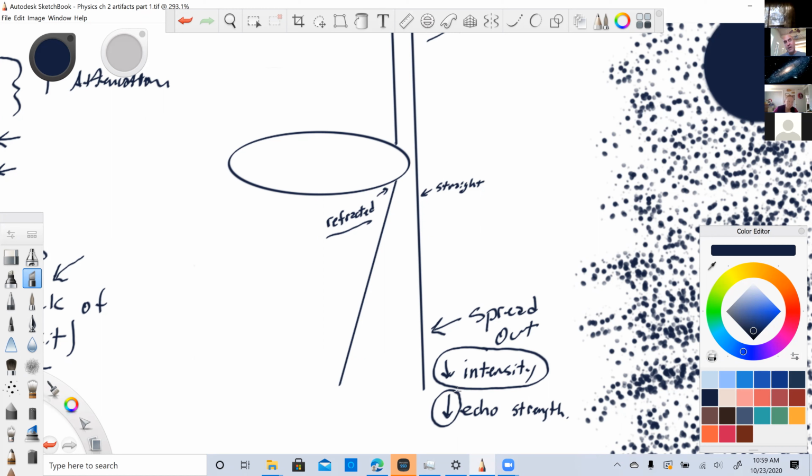Therefore the machine says, oh, whatever objects are in this shadow here must be weaker reflecting than the objects outside, like over here. The machine can't know what happened, and therefore echo strength is weakened. Hypoechoic pixels on our screen, shadow.